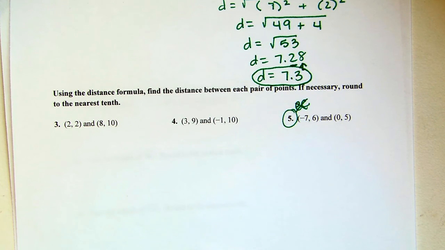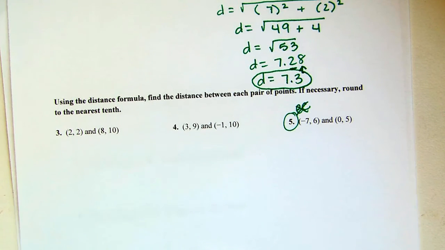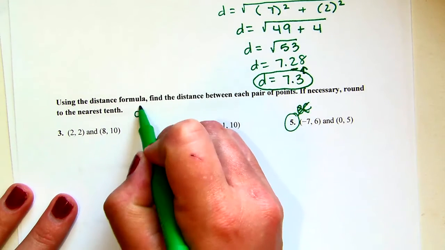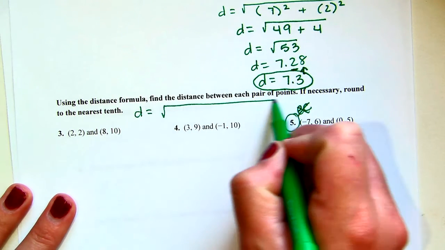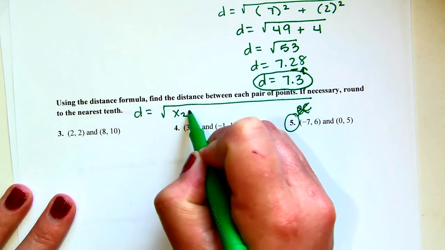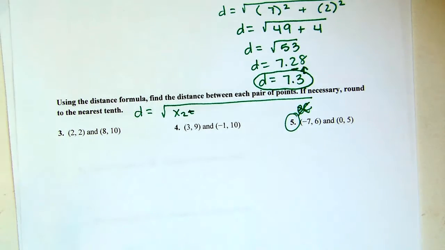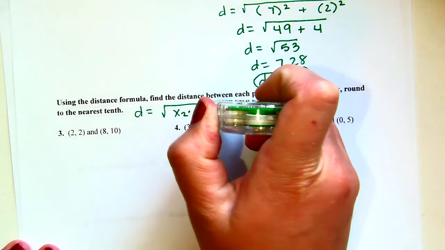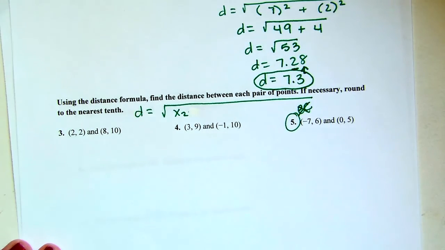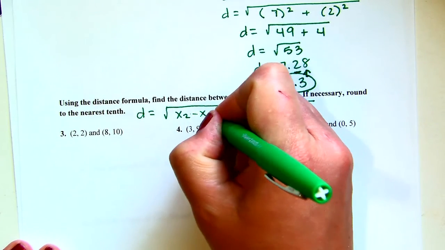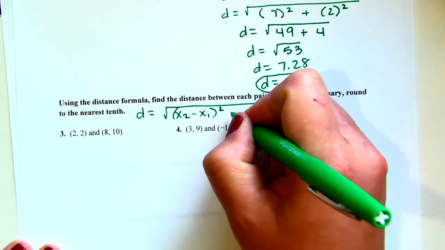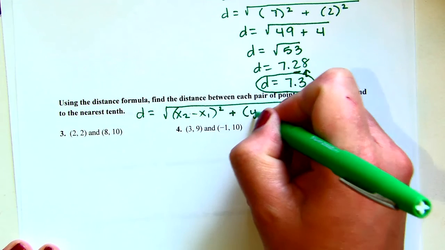So once again, I'm going to write down that equation, and that equation is d is equal to the very long square root of x2 minus x1 in parentheses squared plus y2 minus y1 in parentheses squared.